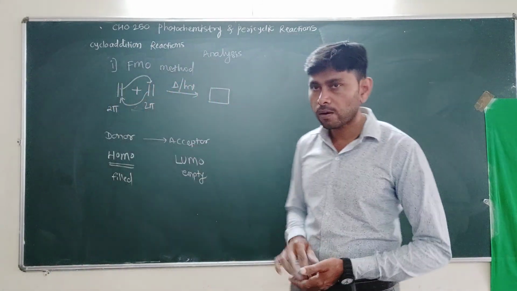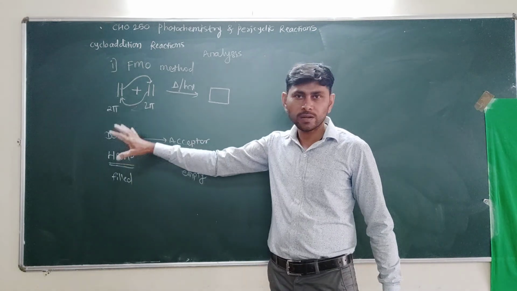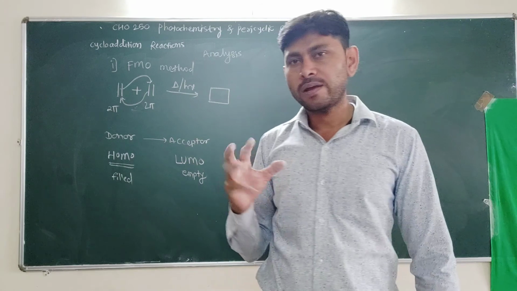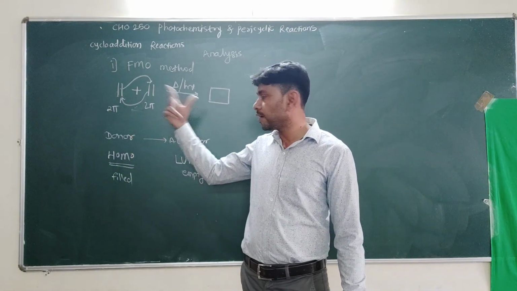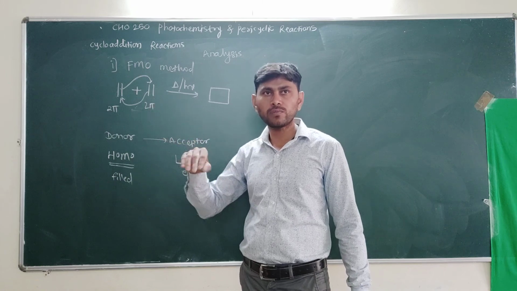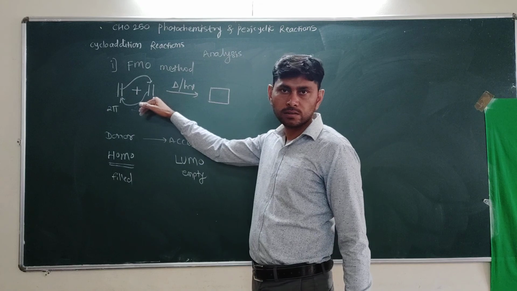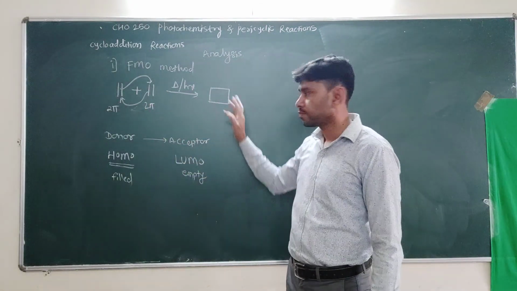Why? Because the donor's HOMO contains electrons, and we consider the HOMO because it holds the last electrons, which interact with the empty orbital of the other partner in the cycloaddition reaction, and we get the reaction.